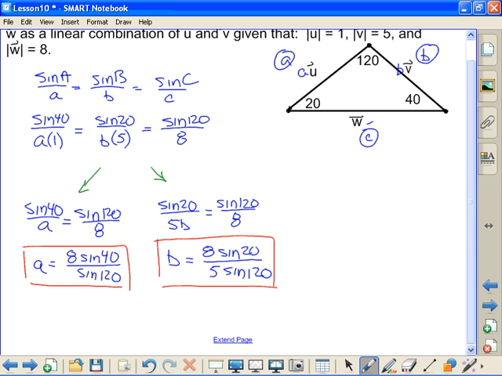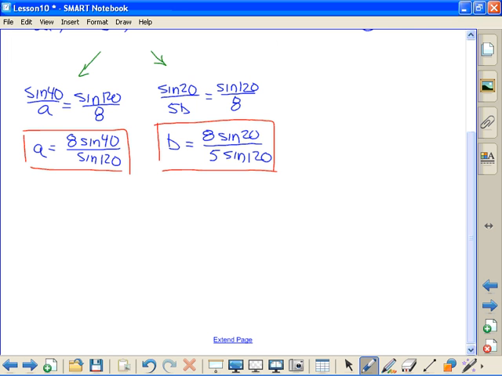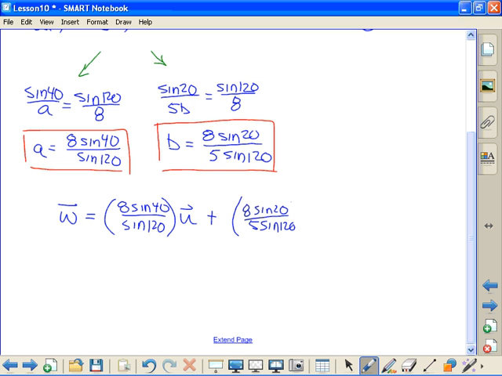So there we are. So that means that our w vector is equal to 8 sine 40 over sine 120, that's the scalar value that's multiplying the u vector, plus 8 sine 20 over 5 sine 120, that's your v vector. So there you go. There's the final answer right there.